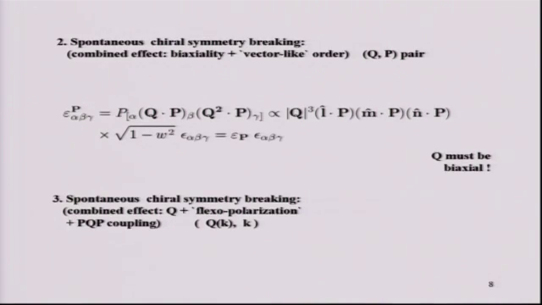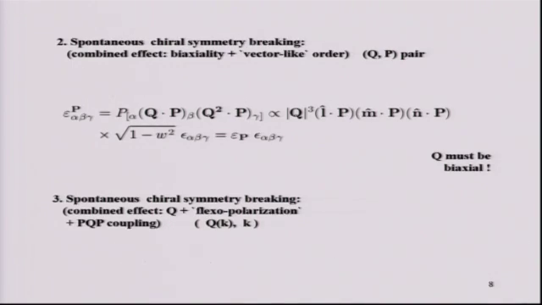Then multiplying Q with P gives me a second vector, which would be different from the first one. It would be, say, green. And the square of Q times P gives me a third vector, which would be completely different from the other two. So I get three vectors of different colors, and of course they define chirality.